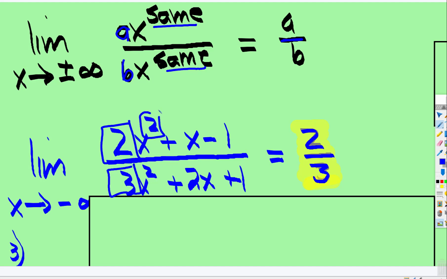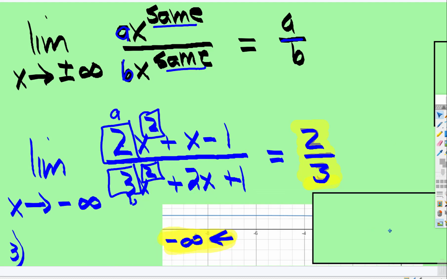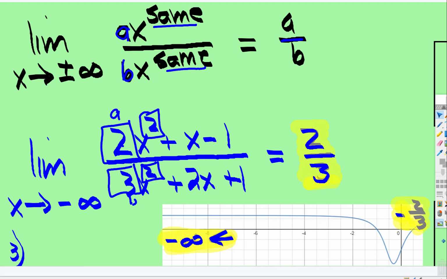They're the same, so we just look at the a and the b, and that is the height. I type that into a graphing device, and there is this invisible asymptote right there at 2/3, and the height of the graph is getting very, very close to 2/3.